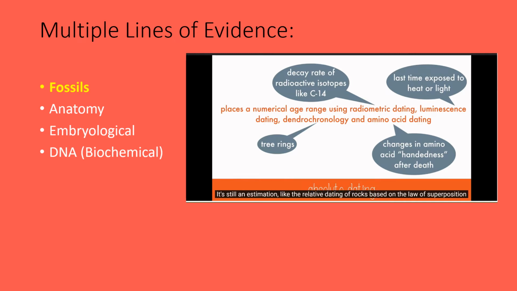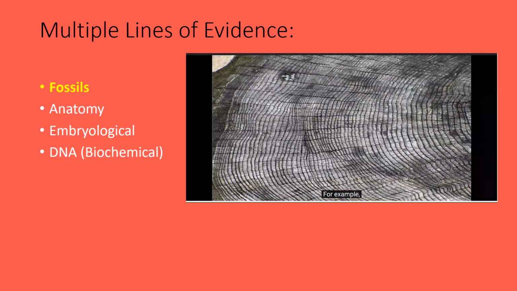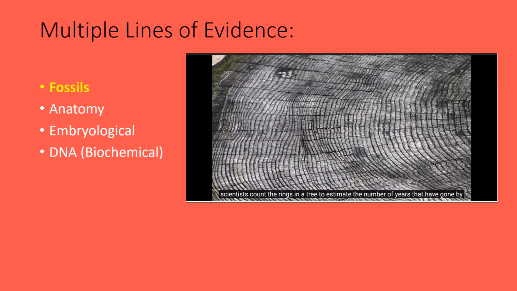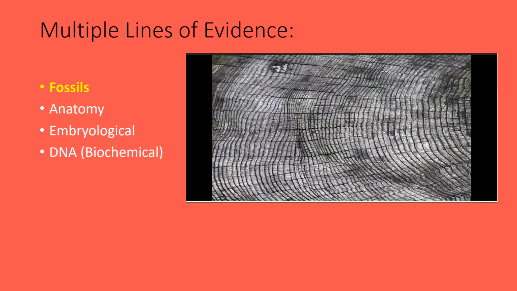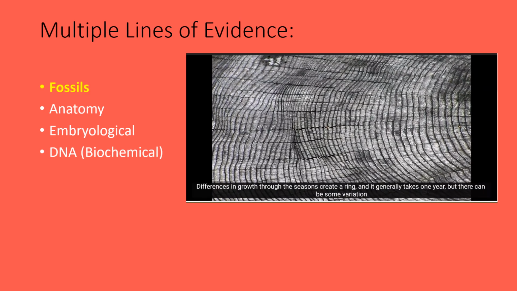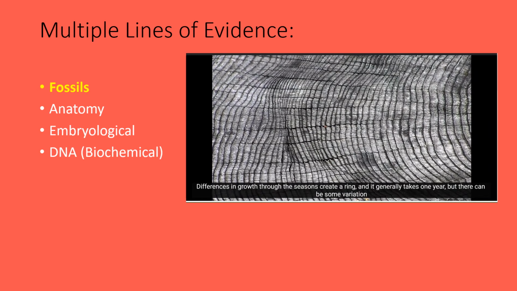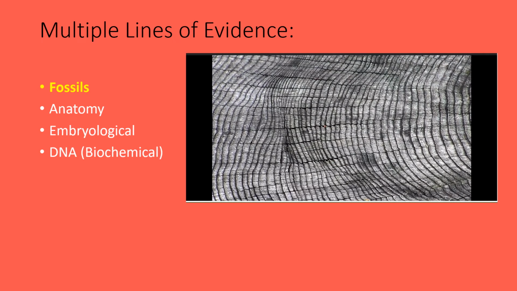It's still an estimation, like the relative dating of rocks based on the law of superposition, but it has a number to it. For example, in dendrochronology, scientists count the rings in a tree to estimate the number of years that have gone by. Differences in growth through the seasons create a ring, and it generally takes 1 year, but there can be some variation.